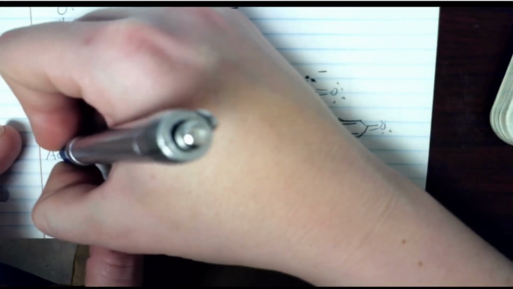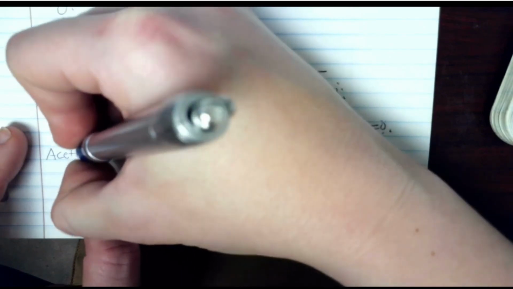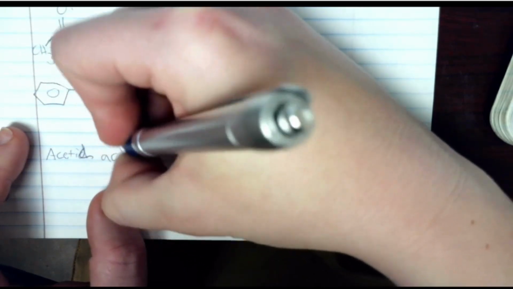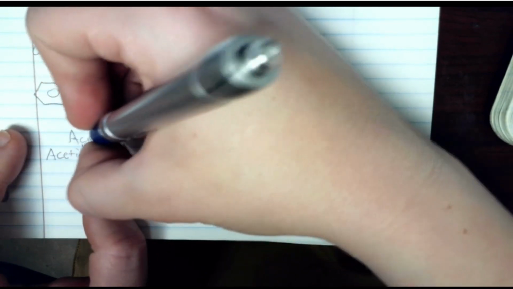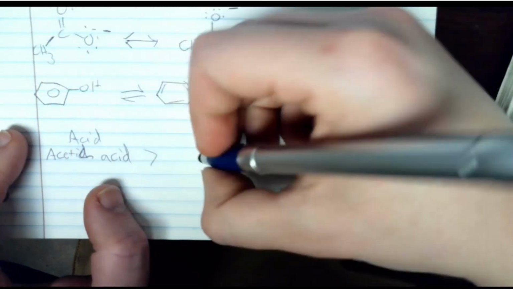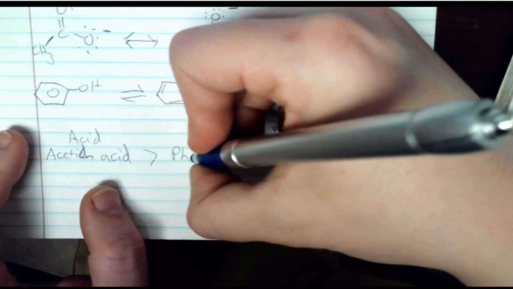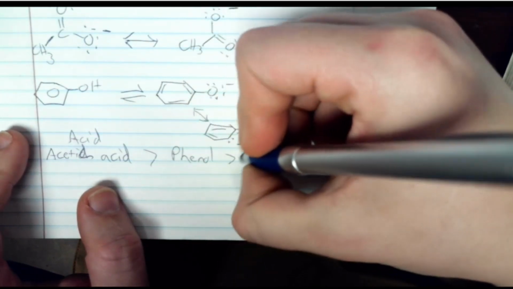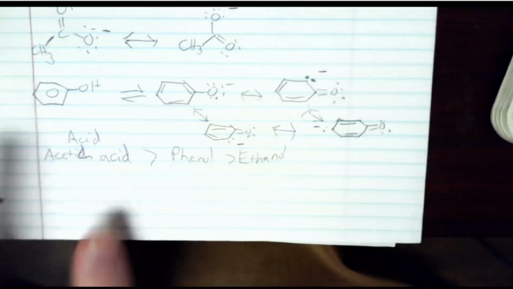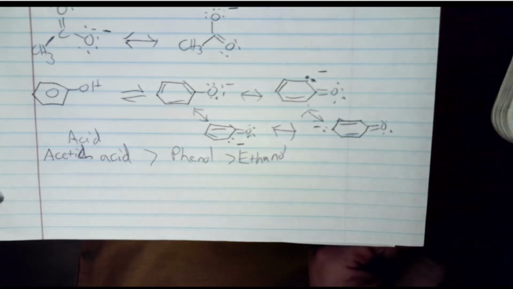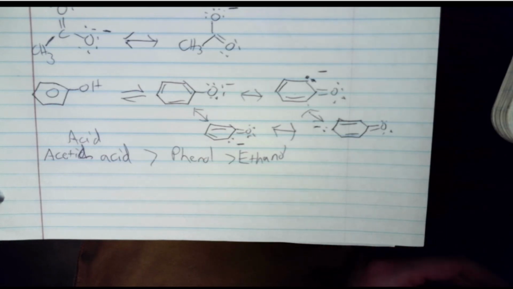So acetic acid is more acidic than phenol, which is more acidic than ethanol. But this guy is definitely acidic. Now, it's not a strong acid. It's much weaker than acetic acid, but it is acidic.